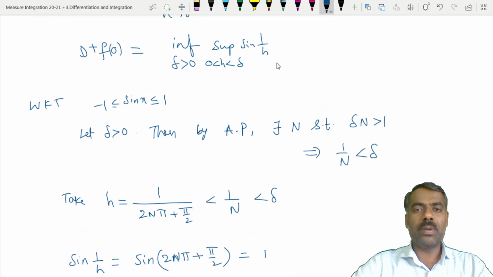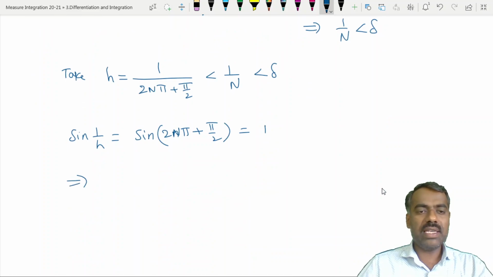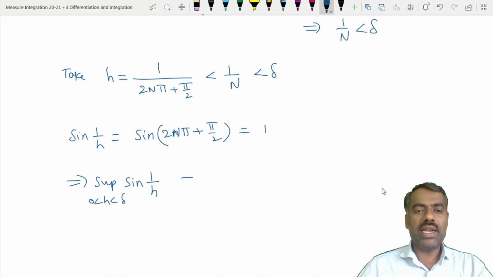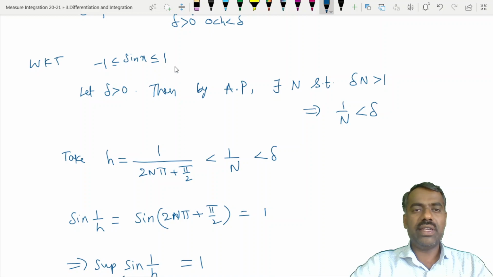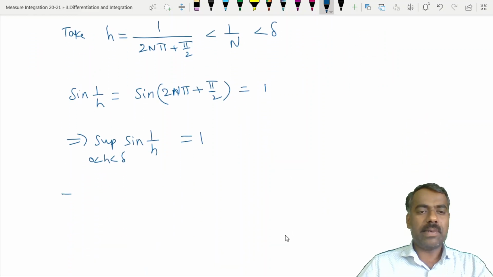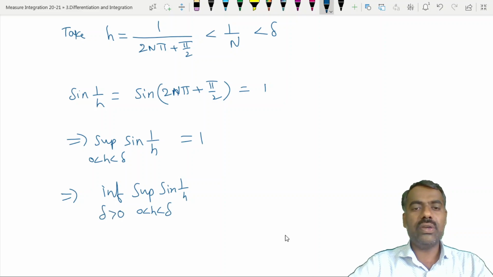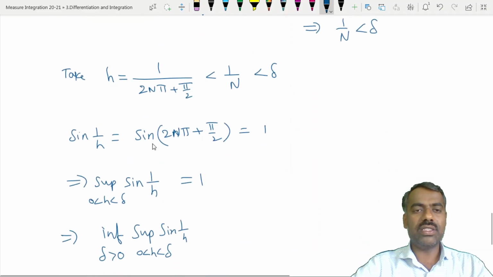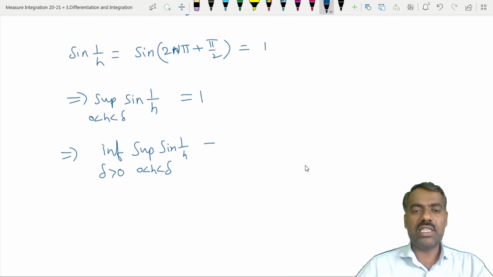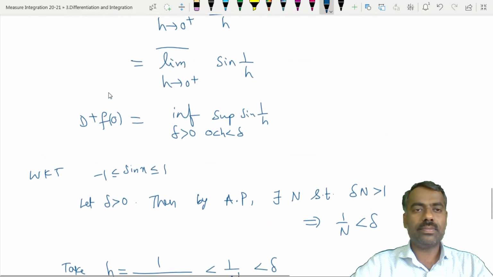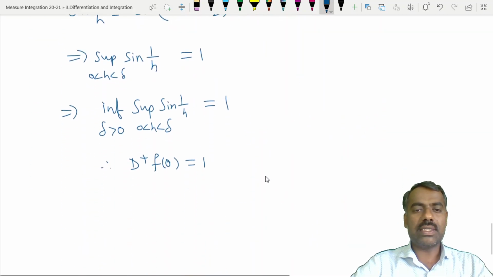This implies the supremum of sine 1 by h, where h is between 0 and delta, is 1, because the maximum value sine can take is 1. This implies the infimum over delta of this supremum is 1, because for any delta greater than 0 we get 1 every time, so the infimum of all such values is 1. Therefore d plus f at 0 is 1, right? Any problem? So d plus f of 0 is 1.